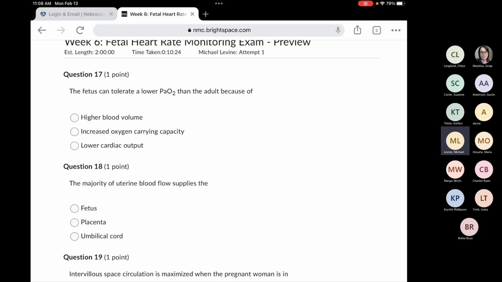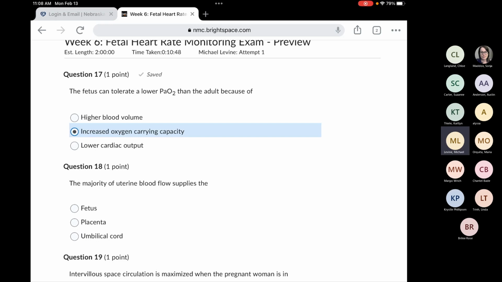It's called hemoglobin F. And the beauty of hemoglobin F is it has a higher oxygen carrying capacity. That is a greater affinity for oxygen, and it can carry the oxygen to the tissues in a much more efficient capacity. So the answer is increased oxygen carrying capacity.